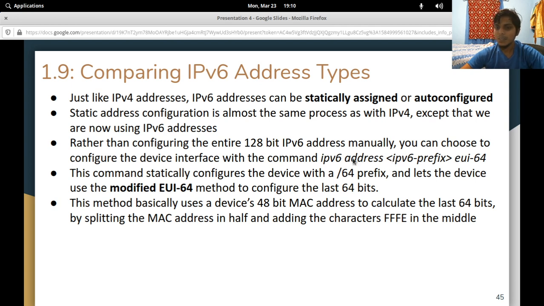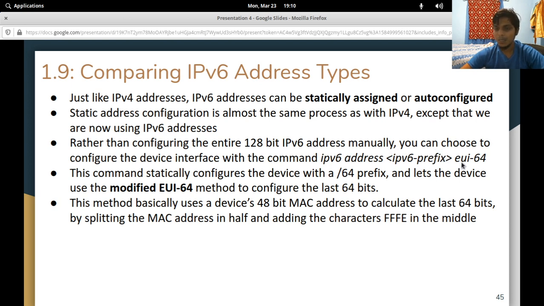So basically what we're doing here is we're telling the device, hey, I am assigning you these first 64 bits, and we type in that in the IPv6 prefix field here. So you type ipv6 address and the first 64 bits.